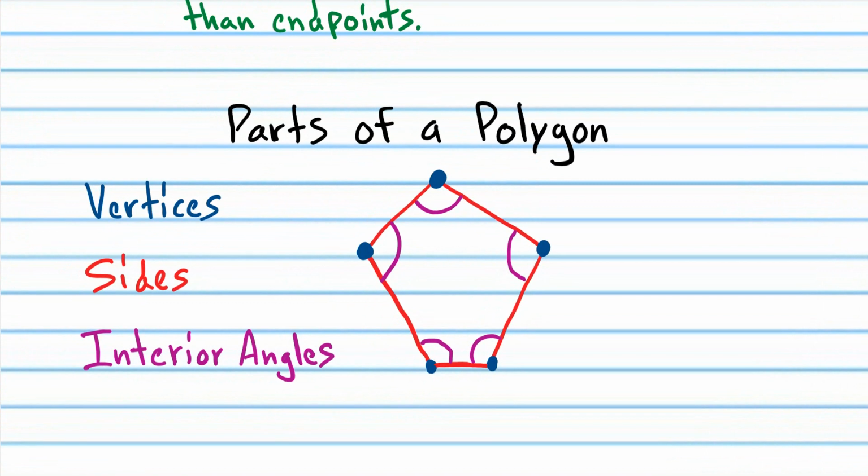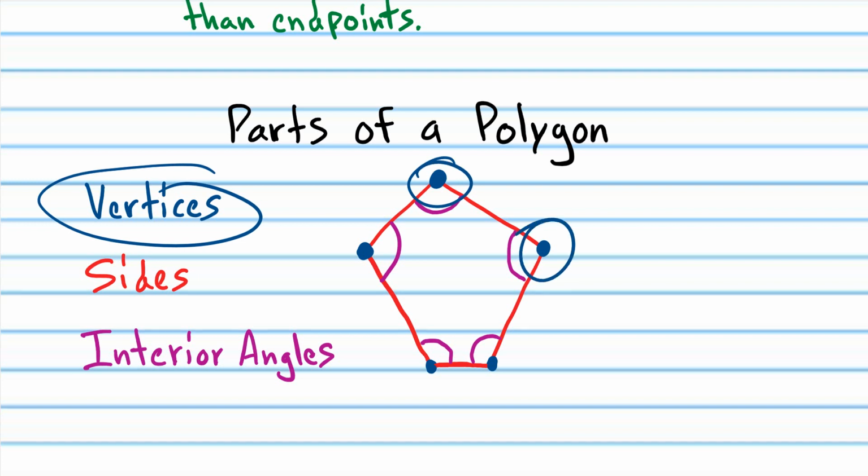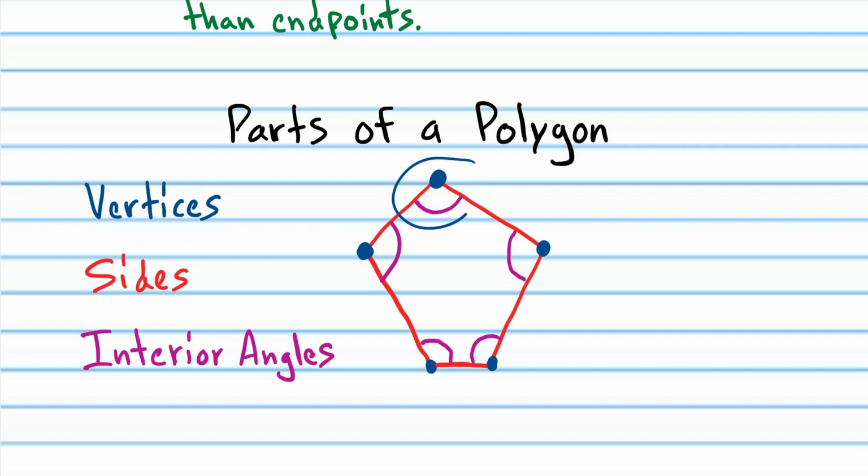Now, the corners of a polygon where the segments meet are called vertices. That's the blue points here. The singular is vertex. So this is a vertex of the polygon, this is a vertex, this is a vertex. All those points together are called the vertices.